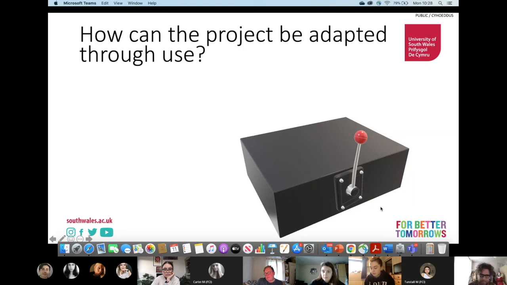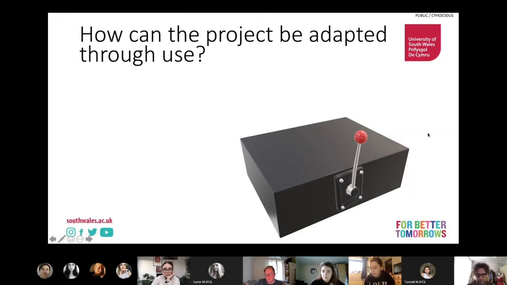So we have two options. Option 1. Do we match the center of the handle, so this line here, for example, with the center of the box? Or do we measure from the edge of the box to the edges of the handle to get it right?